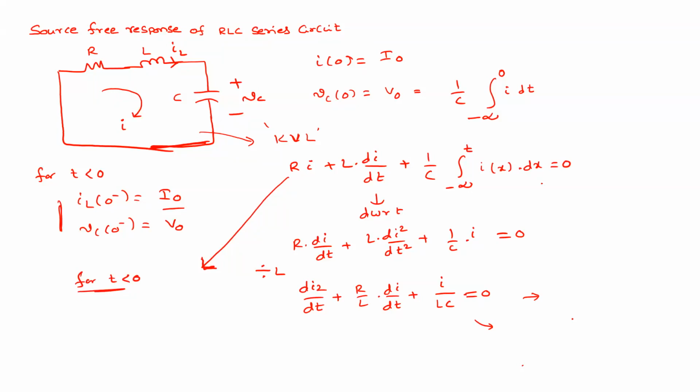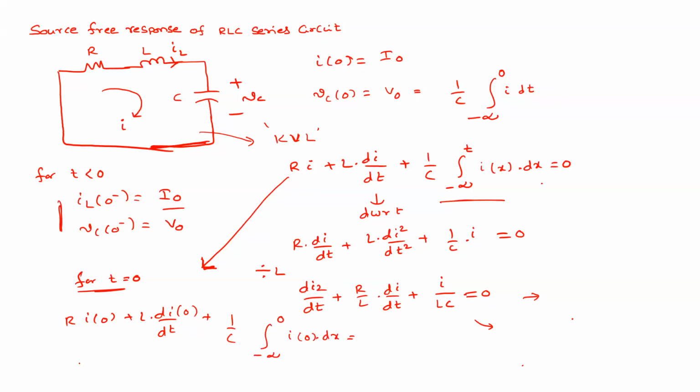So for t equal to 0, R into I of 0 plus L into di of 0 plus, what is this entire thing? In place of t, 1 by C integration of minus infinite to 0 of I of x into dx.